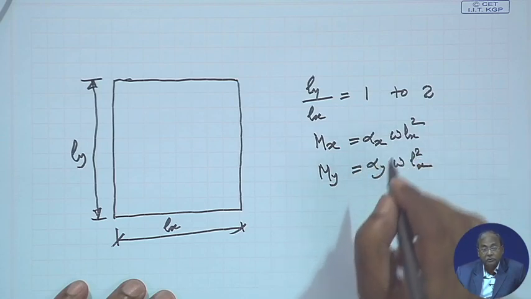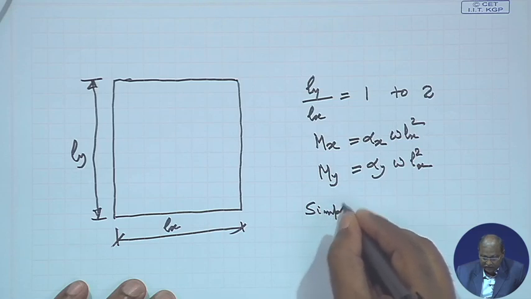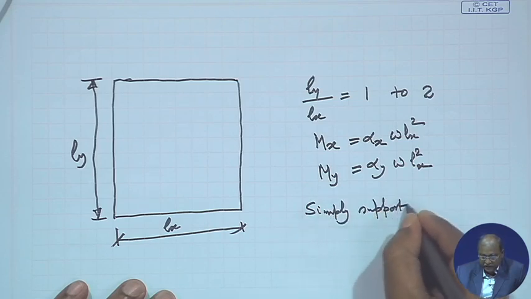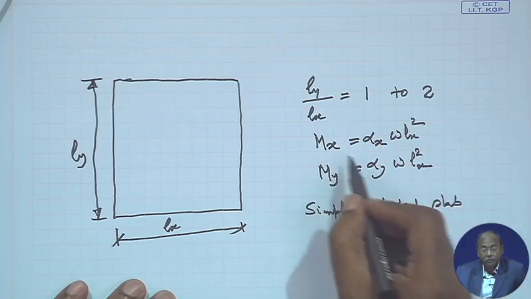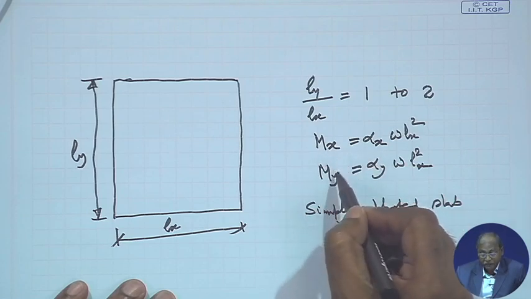You can try that for a simply supported slab. There is one simply supported slab which you can immediately derive on your own, and on the basis of that you can find out, as you increase Ly by Lx, that the value is coming very less.